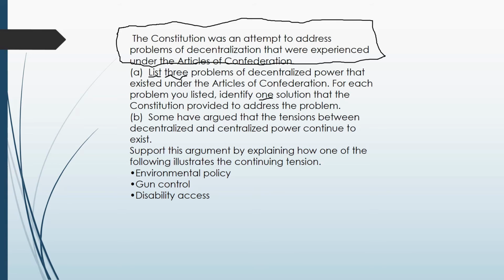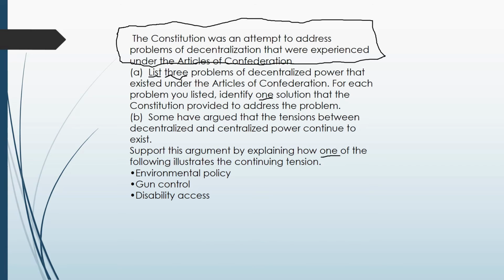And you're going to support this argument by explaining how just one of the following illustrates the continuing tension. You can pick environmental policy, gun control, or disability access. You can pick any one of those, and then you're going to address it in terms of the argument in Part B, whether or not there is still tension between decentralized and centralized power.